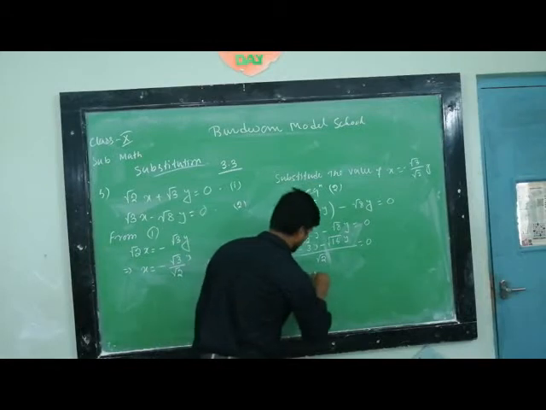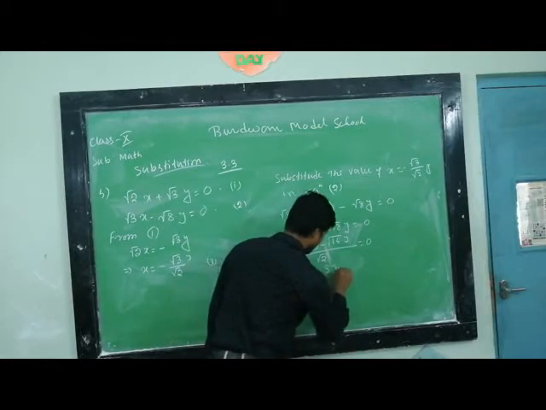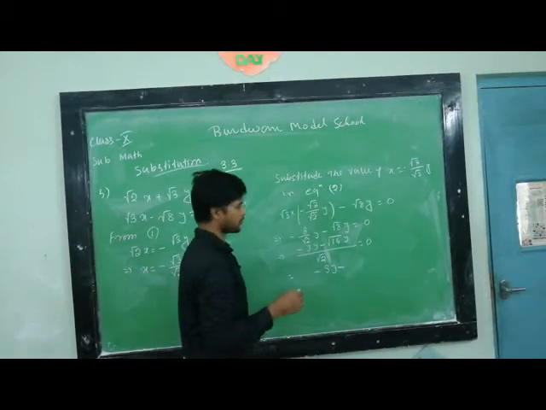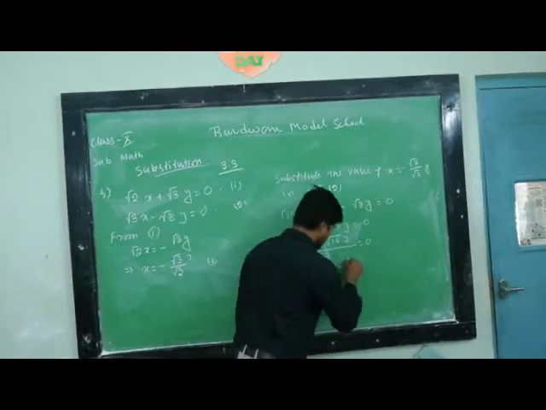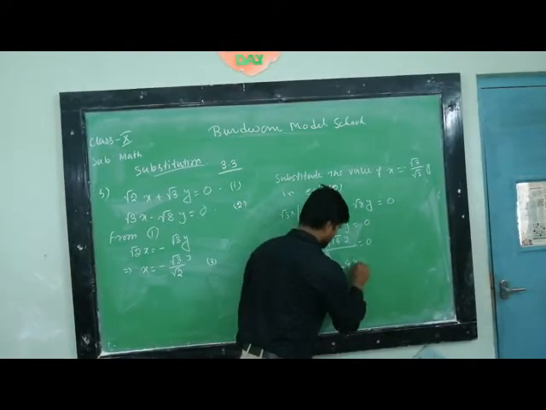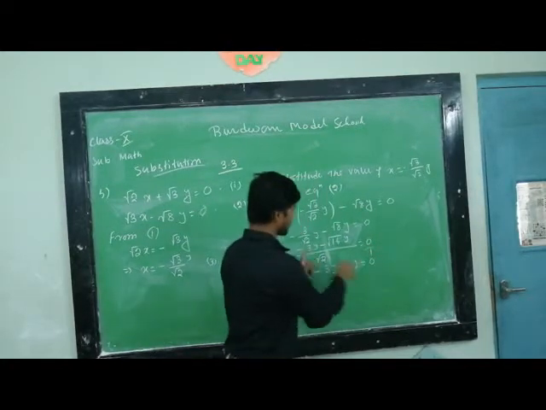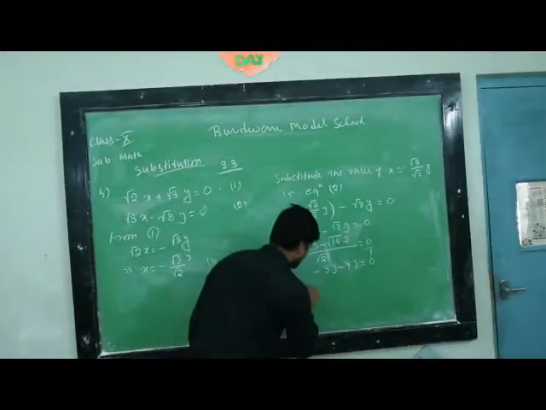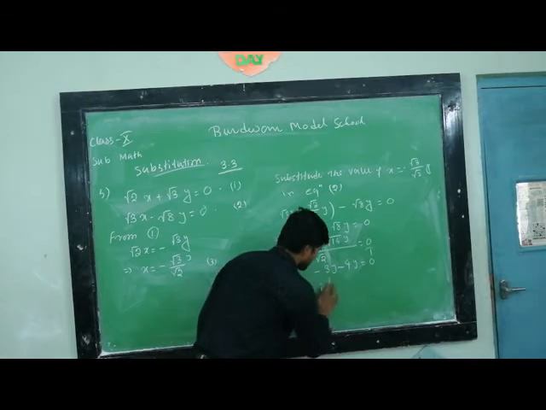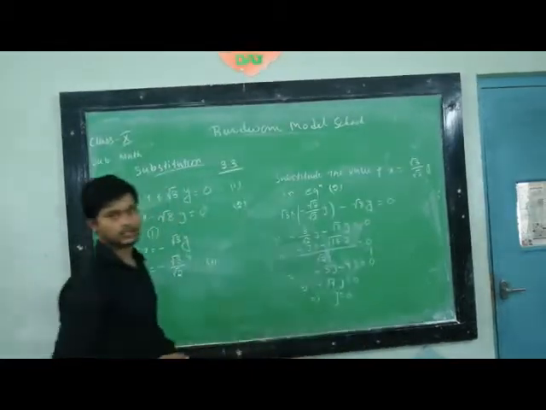That means minus 3y minus 4y, since the value of root 16 is 4, is equal to 0 if I do the cross multiplication. That means minus 7y is equal to 0, which means y equal to 0. So the value of y equal to 0.